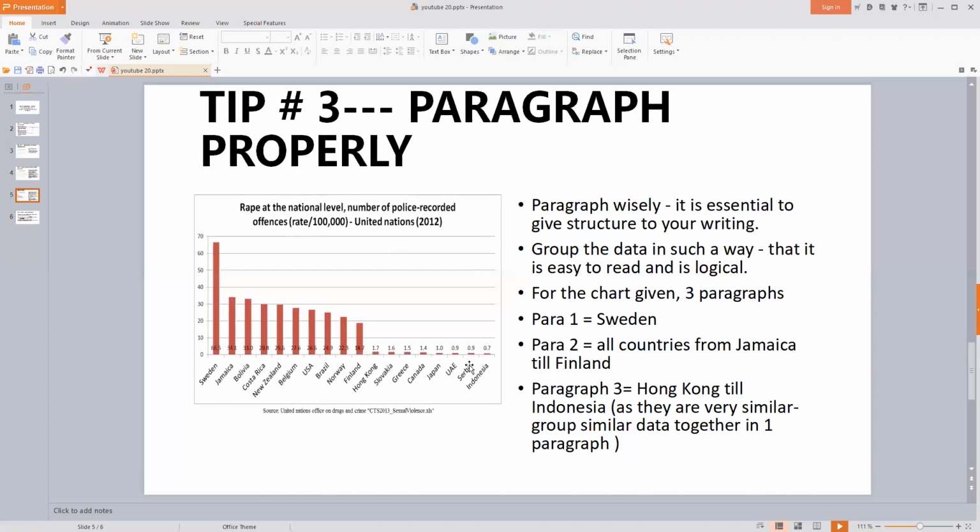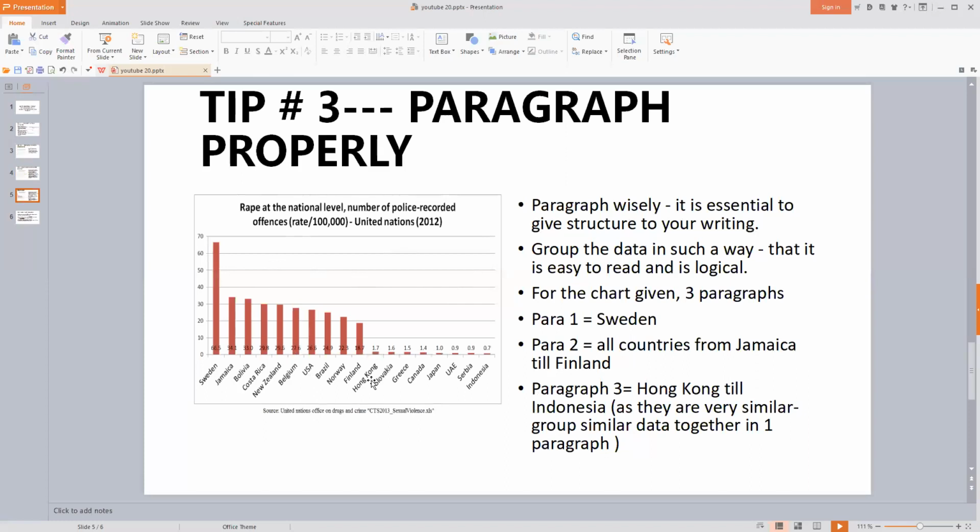That's how I decide which country to write in which paragraph: I see what is similar and group the similar things together in one paragraph. So that's how I will divide my writing into 3 paragraphs for this kind of bar chart if I get it in my exam.